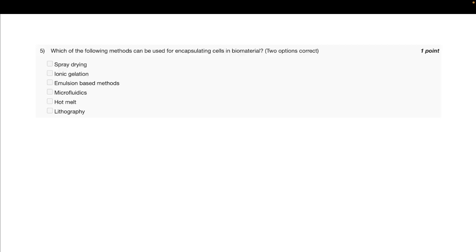The next question is, which of the following methods can be used for encapsulating cells in biomaterial? We have to choose two correct options. Any volunteers?